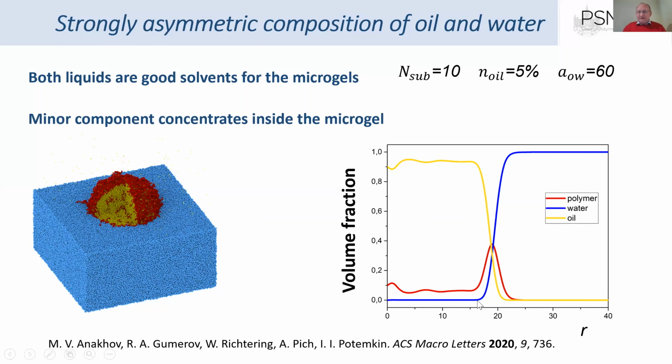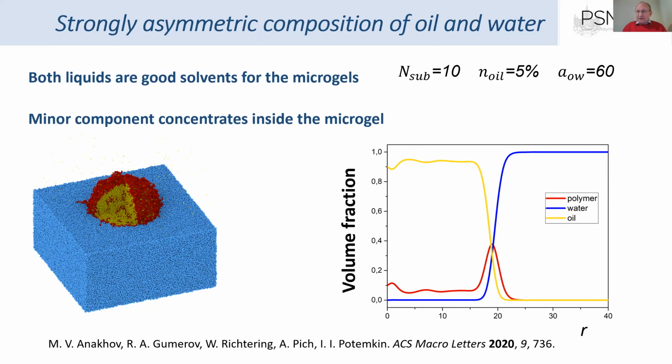Indeed, if we look at the density profile of water, it is practically zero within the microgel, and all water is outside the microgel. I would like just to draw your attention that we have only 5% of oil in the mixture. And what we see is that inside the microgel, we have 95% of oil and 5% of polymer.